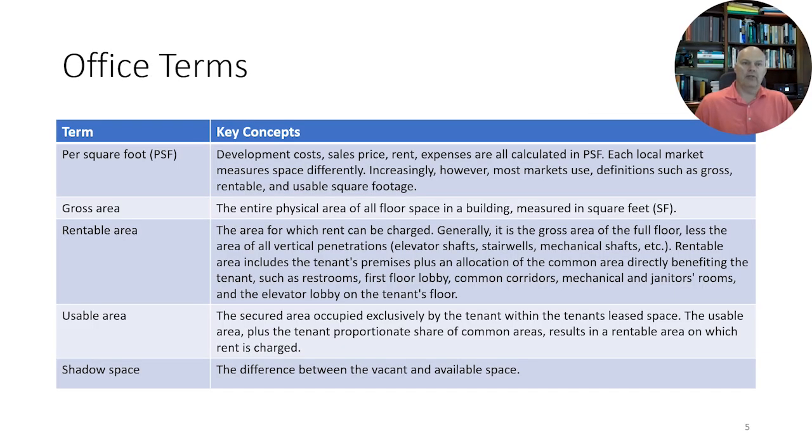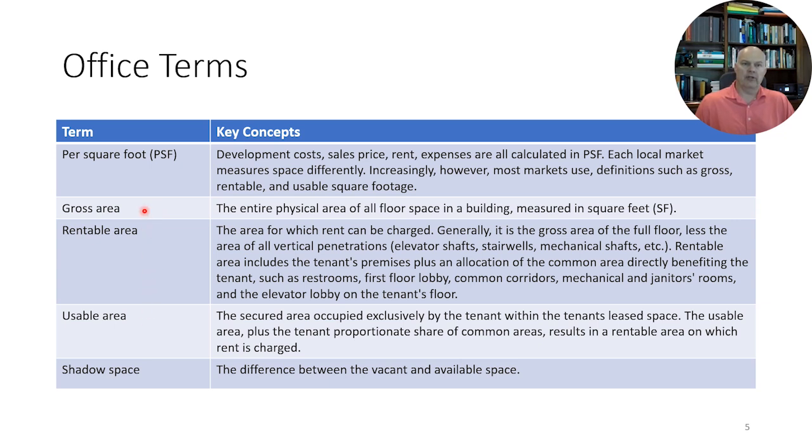So to talk about a few office specific terms, for office space, the unit of measurement is per square foot. When you measure the different areas of a space for lease, you'll have gross area, rentable area, and usable area.